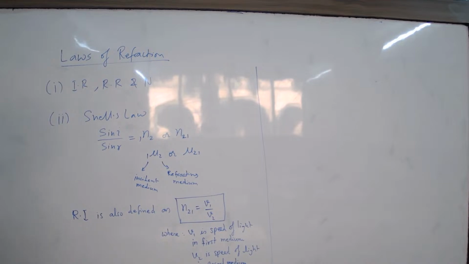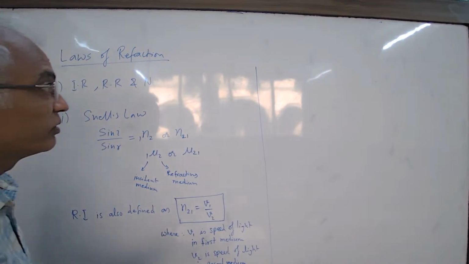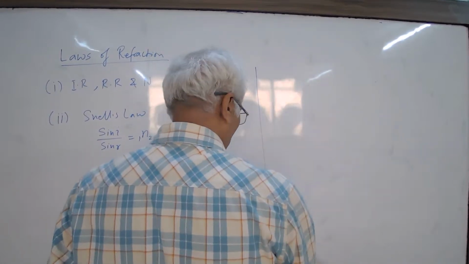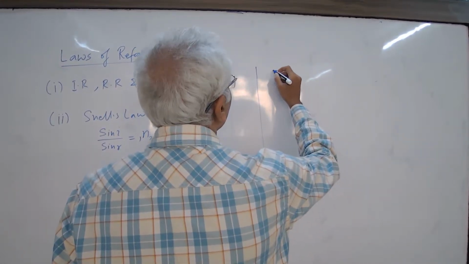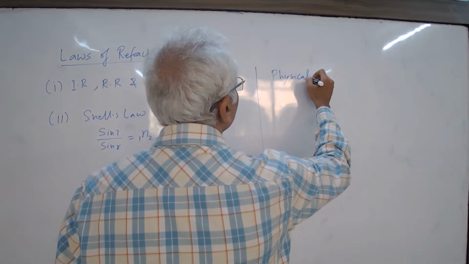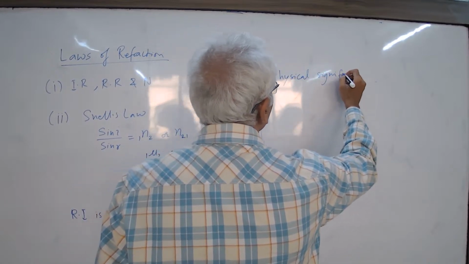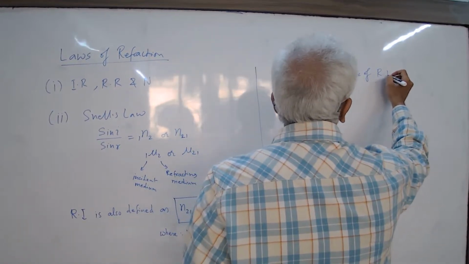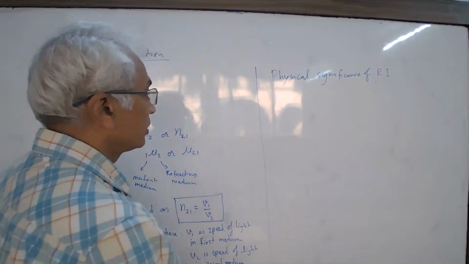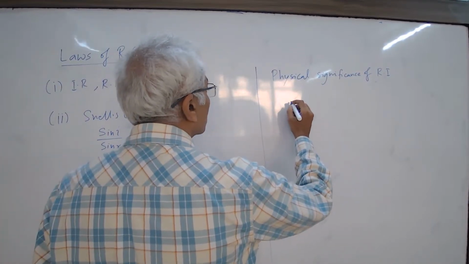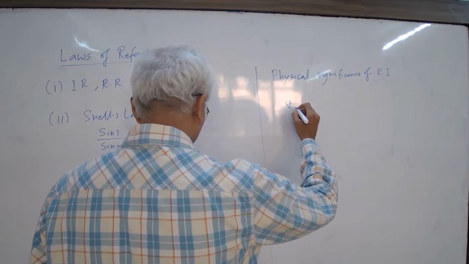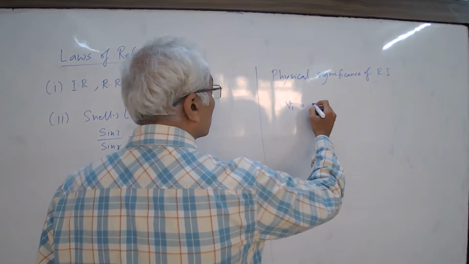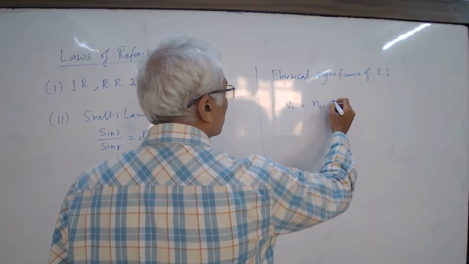Right. So what is the physical significance of refractive index? v1 is equal to n21 times v2.